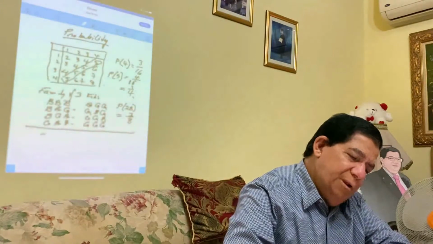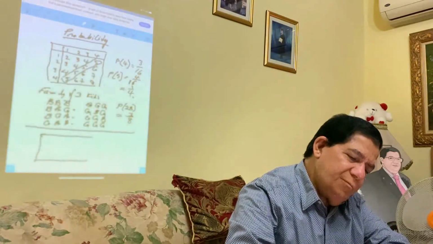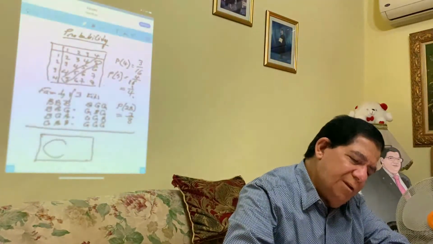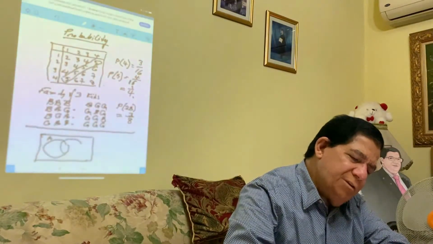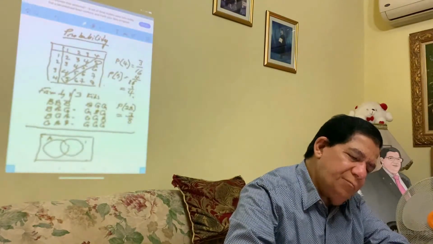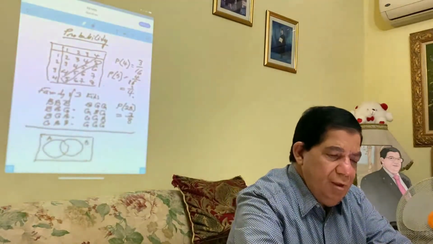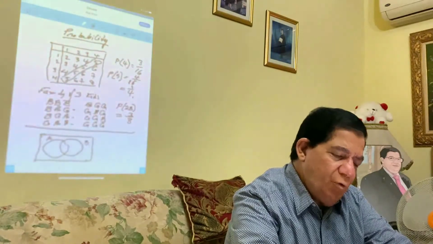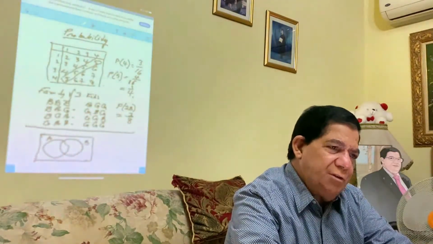For example, this is the universal set, and this is the event A, and this is the event B. First of all, we would like to get acquainted with sets.